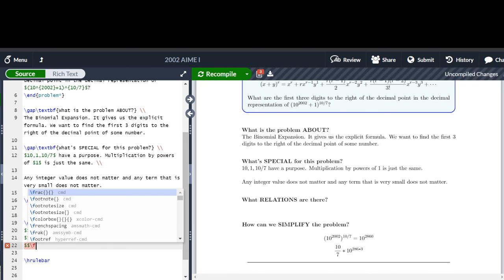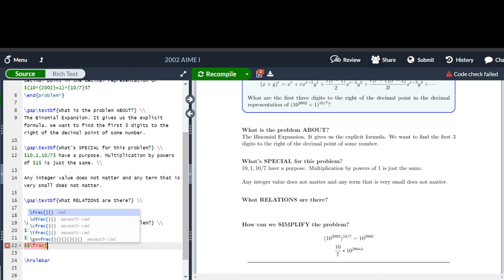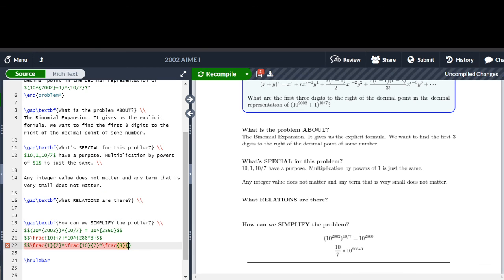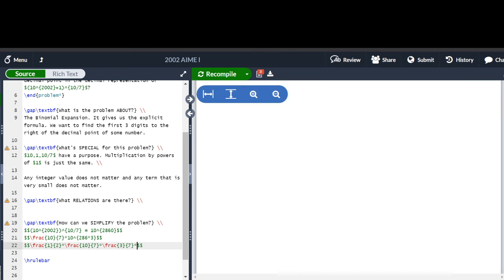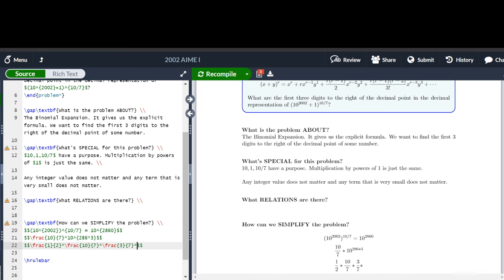And third value is 1/2 times 10 over 7 times 3 over 7 times, well, this time r minus 2 will be 10 over 7 minus 2, which is negative 4 over 7.